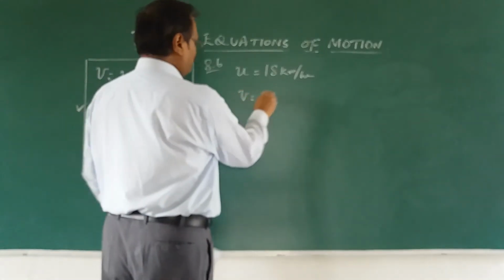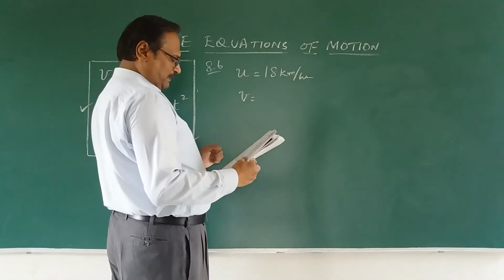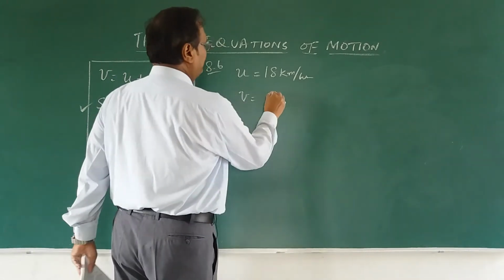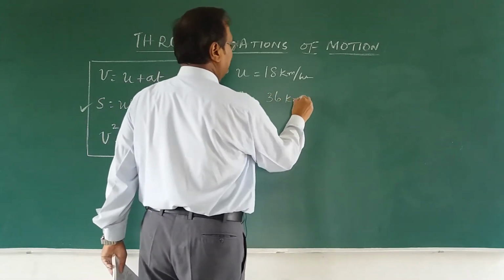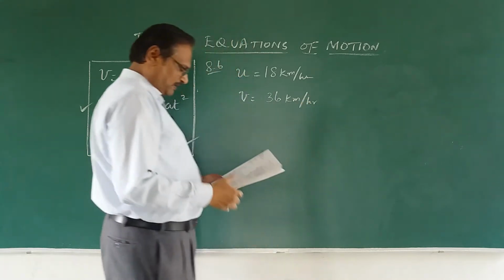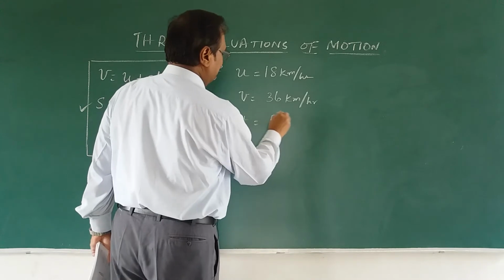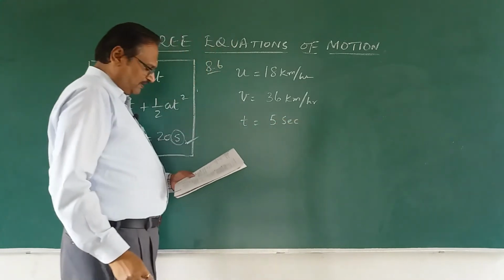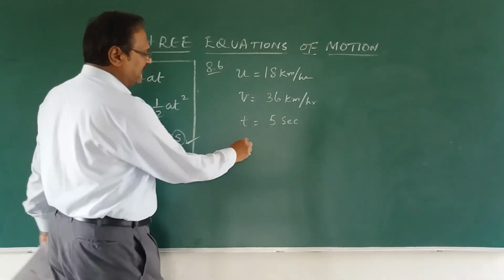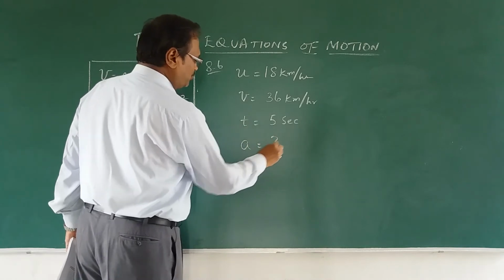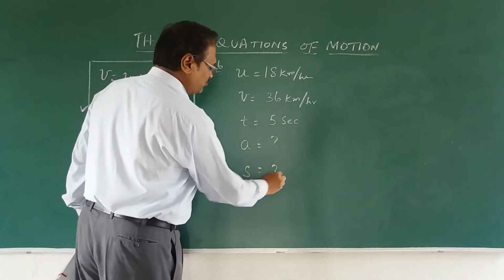And moves to 36 kilometer per hour. Yes, this is the final velocity, in time t equal to 5 seconds. Now they say calculate acceleration and calculate the distance traveled.